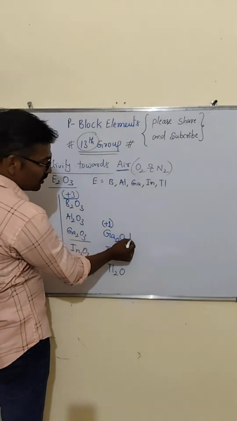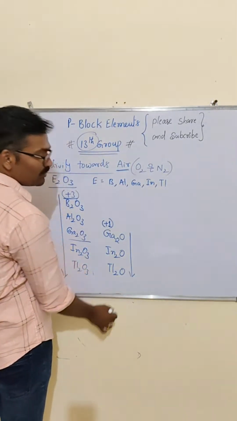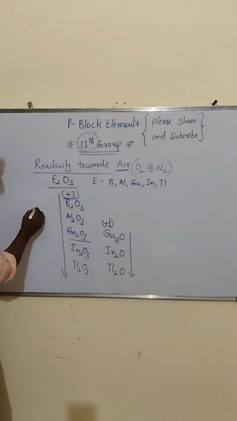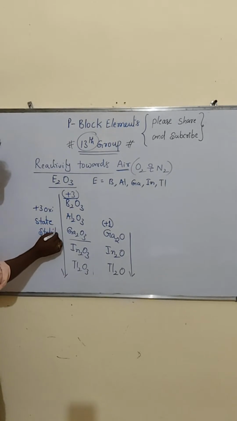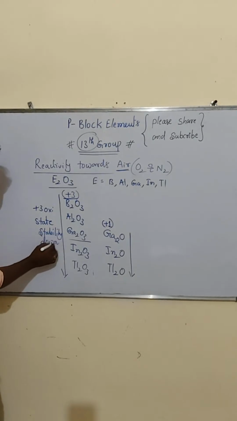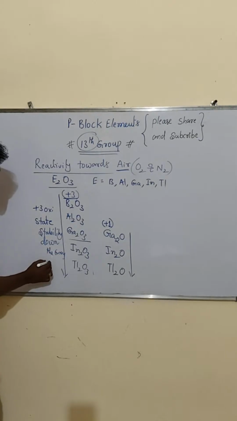Here +1 oxidation stability increases from top to bottom. So remember, +3 oxidation state stability decreases down the group.